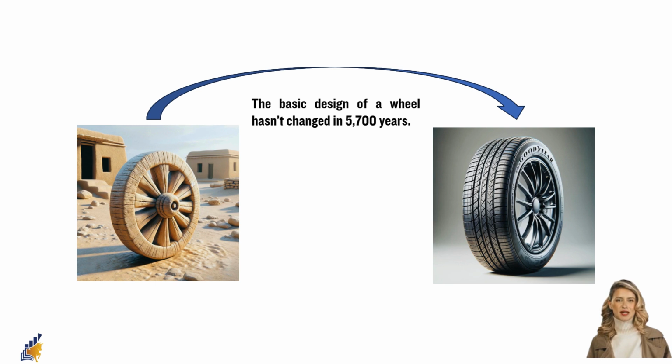The invention of the wheel is estimated to have occurred around 3500 BC, or 5,700 years ago. Since that momentous point in time, the basic design of the wheel hasn't changed much. So it should come as no surprise that Goodyear spends relatively little, roughly 1% of Alphabet's spending on research and development. Two different companies and two different levels of spending.